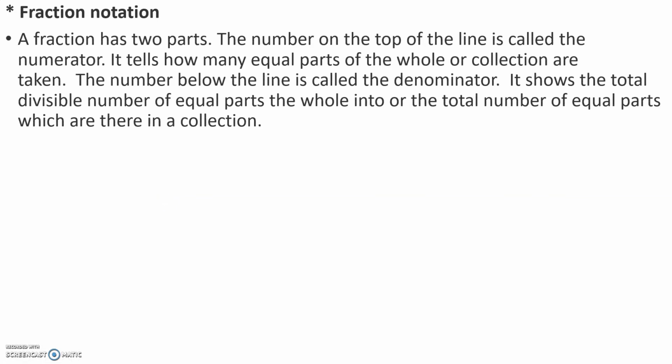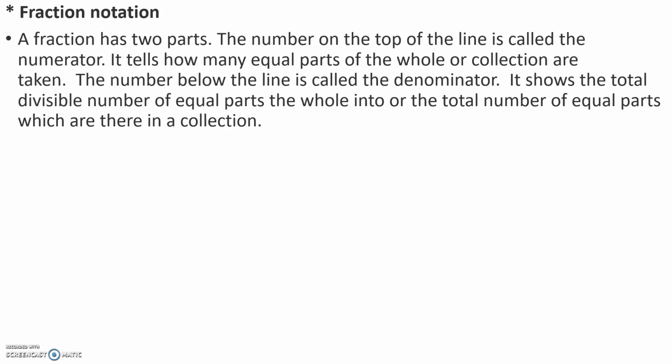Now, fraction notation. A fraction has two parts. The number on the top of the line is called the numerator. It tells how many equal parts of the whole or collection are taken. The number below the line is called the denominator.